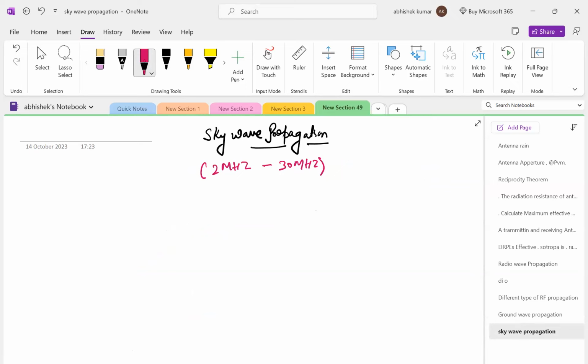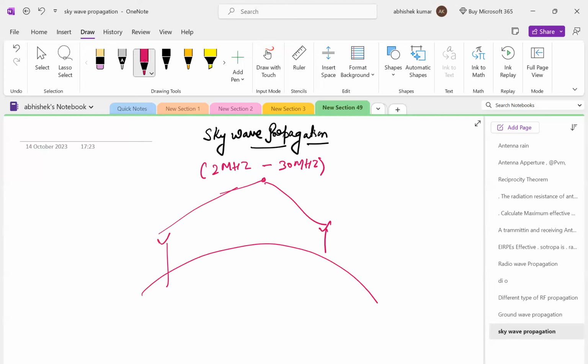In this propagation, the electromagnetic wave reaches the receiving point after reflection from a region of the upper atmosphere called the ionosphere. Suppose this is our antenna. The signal is reflected from the ionosphere and received here.